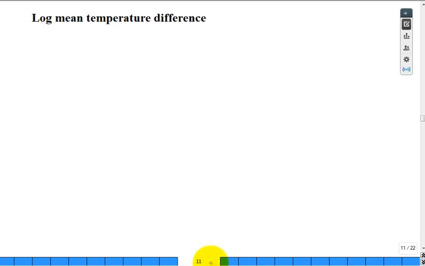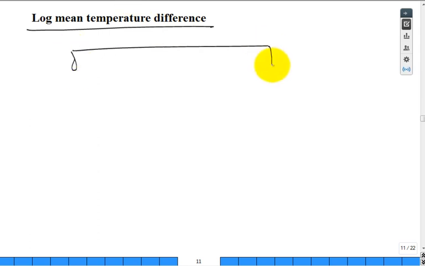Because this brings us to the log mean temperature difference. When you have a relatively long pipe, or a longer section, and you have some temperature coming in here, and you can calculate the mean temperature of the fluid coming in, and you have some temperature here, let's say temperature of the surface at 1.